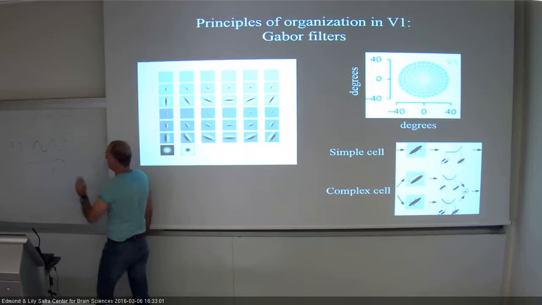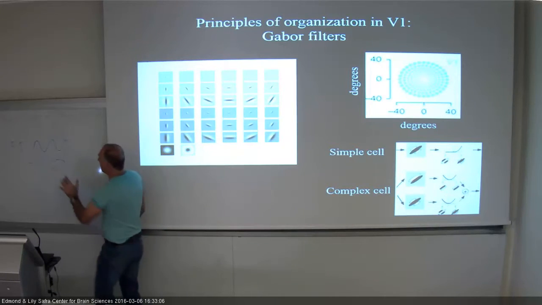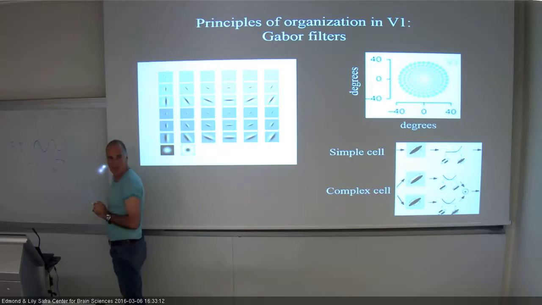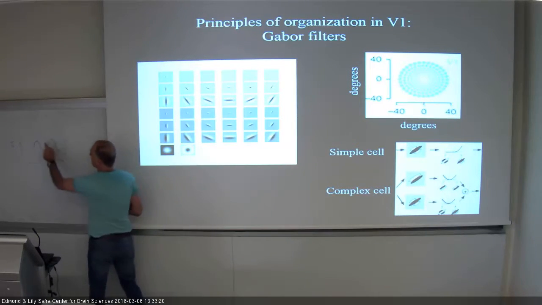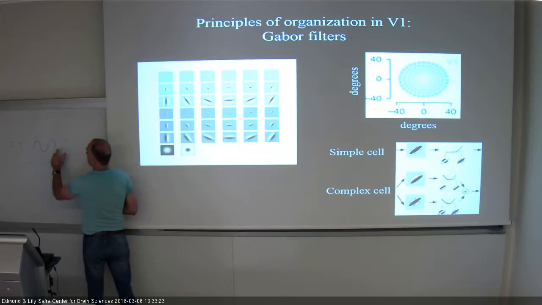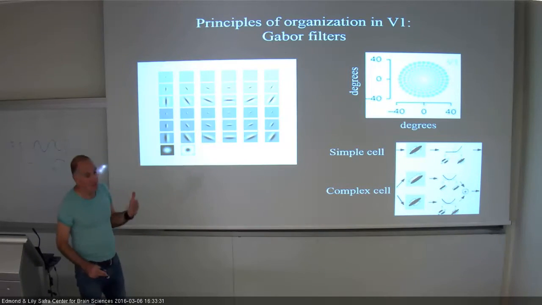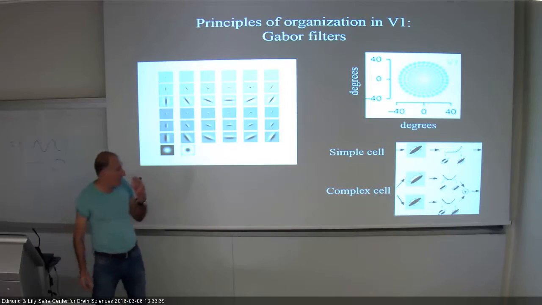I'm just drawing this; if you want, you can draw light stripes and dark stripes. A quadrature pair means taking the same frequency and shifting it by 90 degrees. So it would look like that: dark here, while it was light here, light here, light here, and so on. They're the same frequency, just shifted by 90 degrees, and they're what's called a quadrature pair, corresponding to a sine and cosine. So that's the analogy here.